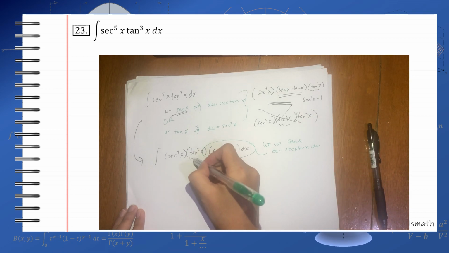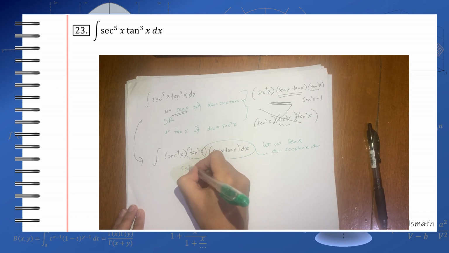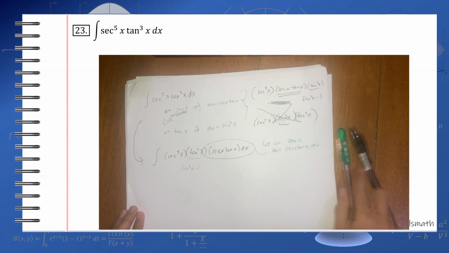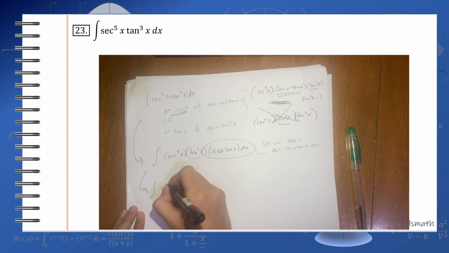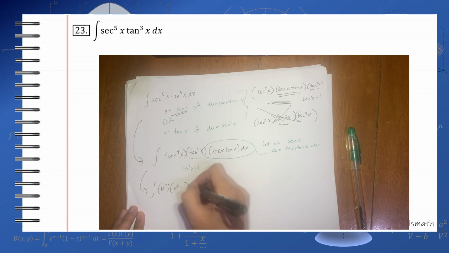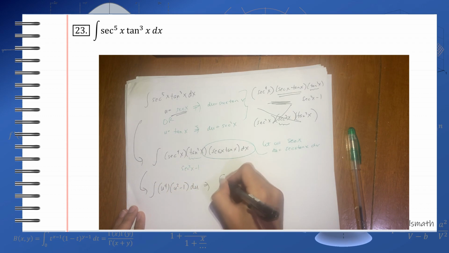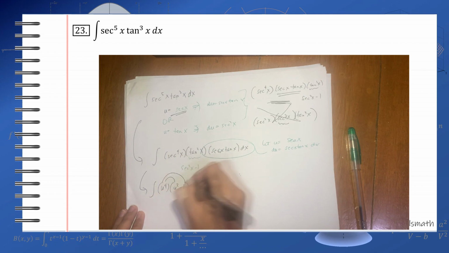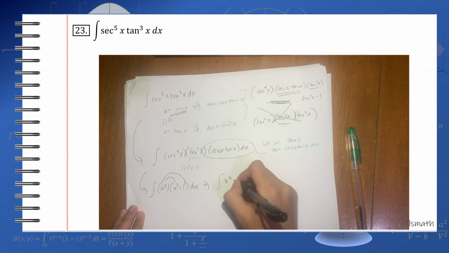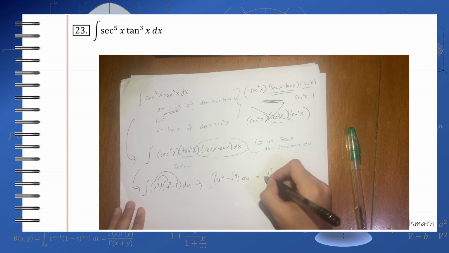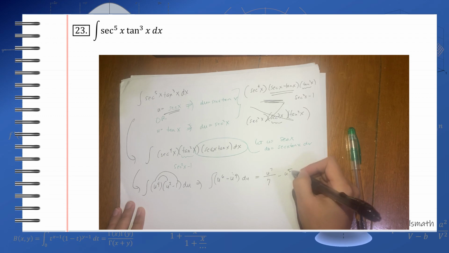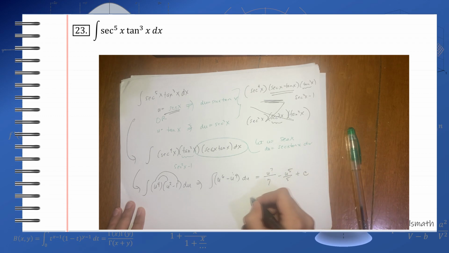And then again, we express this in terms of secant squared x minus 1. So everything turns out to be u to the fourth times u squared minus 1 du, which is quite simple. When you distribute the u to the fourth, u to the 6 minus u to the fourth du, and it's equal to u to the 7 over 7 minus u to the 5 over 5 plus c.